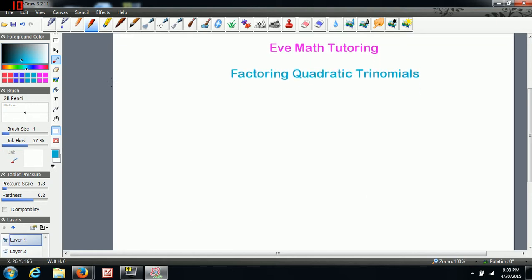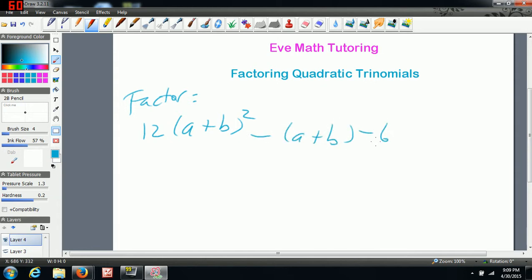So factor something like the following: 12(a plus b) squared minus (a plus b) minus 6.